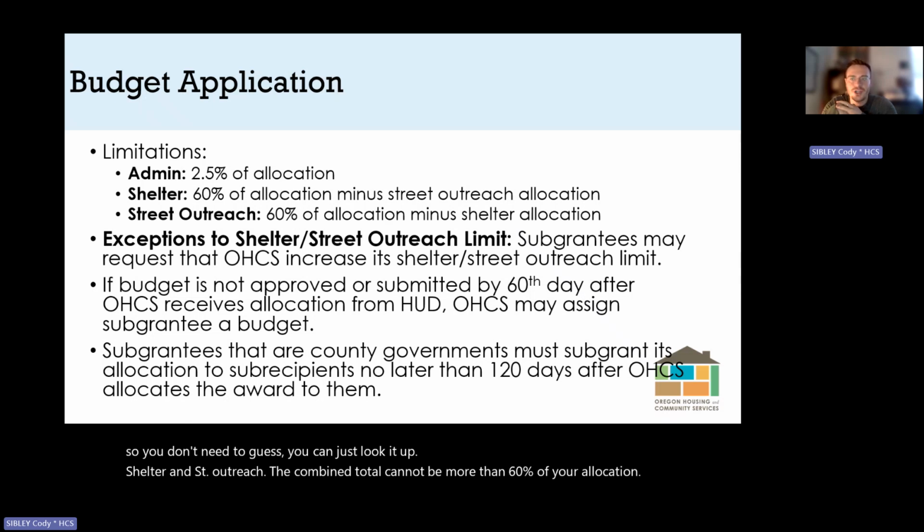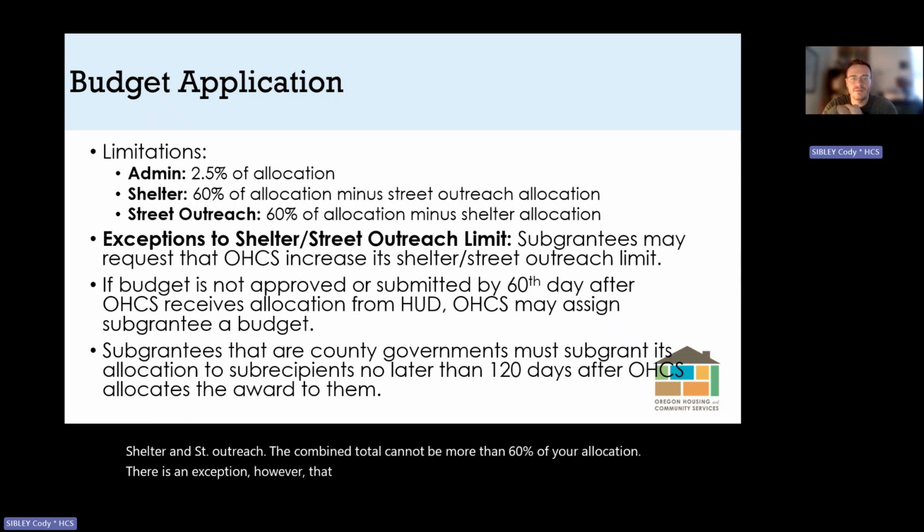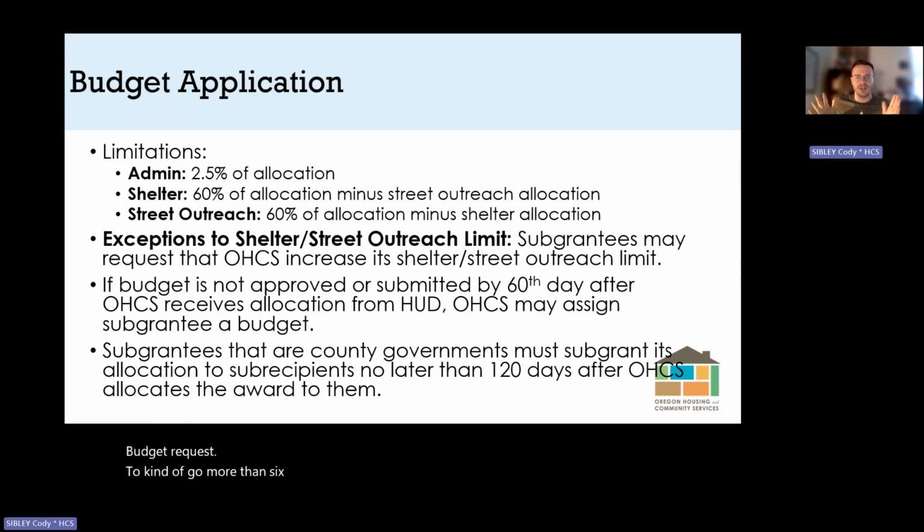There is an exception, however, that we've built in. So we've built in a shelter street outreach budget request to kind of go more than 60% of your budget allocated to those two categories.